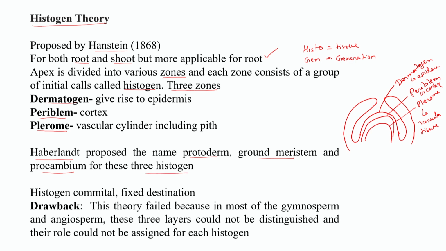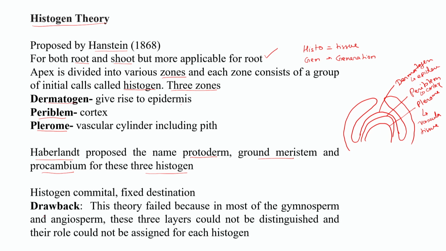So these are 3 histogens and 3 layers which all have their own group of initial cells. They are not linked, means it is destined that dermatogen will give rise to epidermis, periblem to cortex and plerome to vascular tissue. These 3 layers are committal, means they are destined to form these 3 parts of the root or shoot.